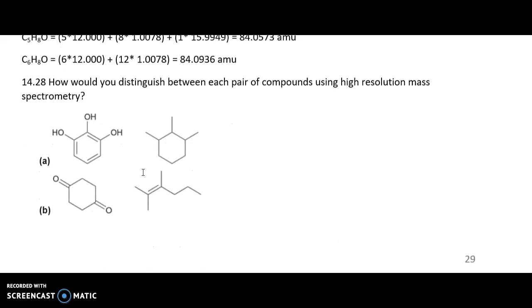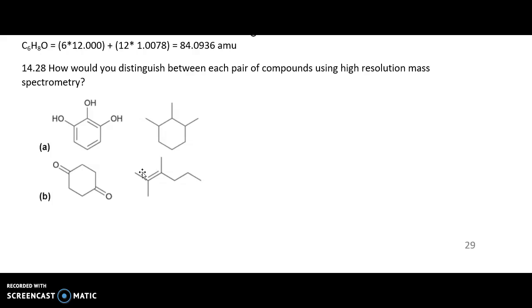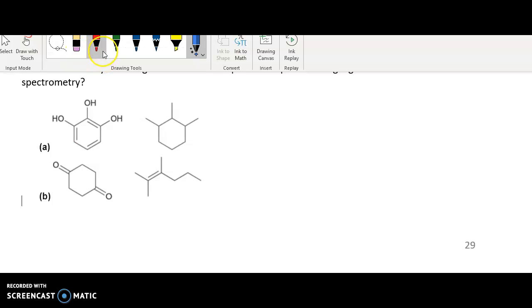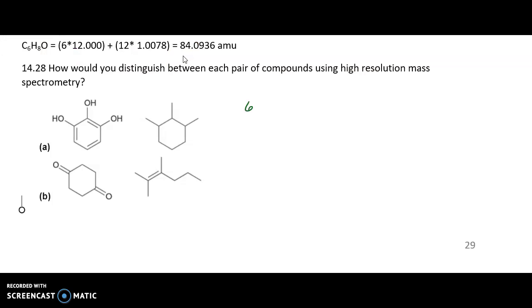Now, how would we distinguish between each of these pairs of compounds? Well, this first one has 6 carbon atoms. I'm going to have to change my pen. 6 carbons, 12.0000, plus 3 oxygens at 15.9949.